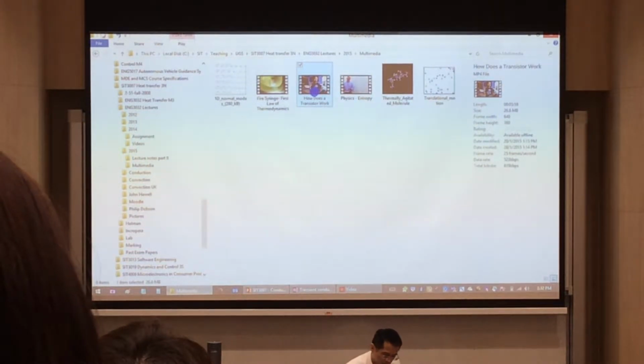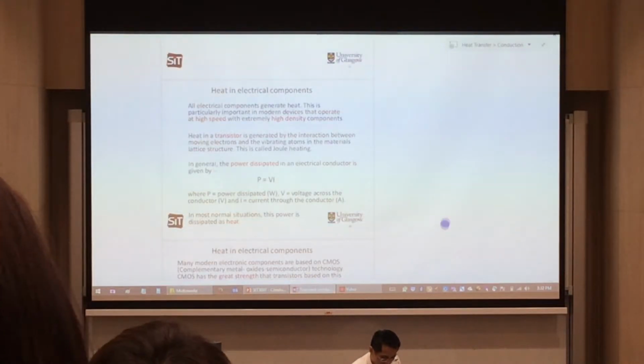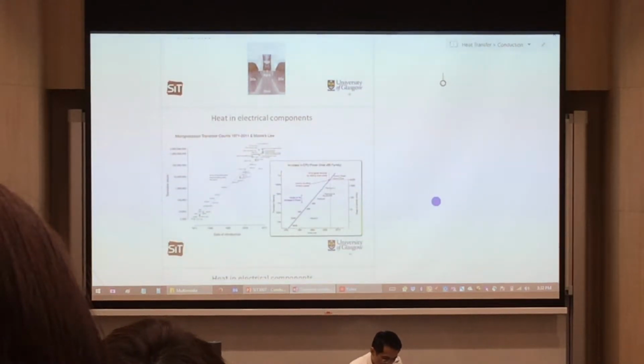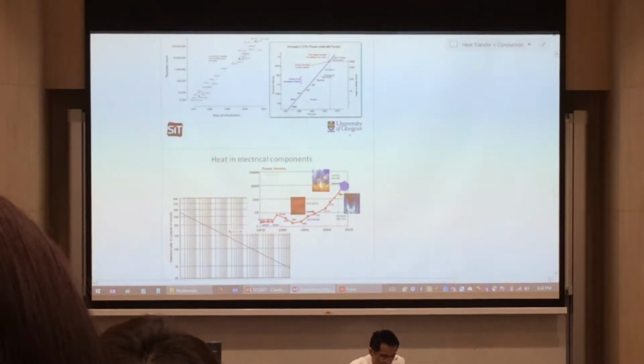So that amount of heat that's produced, if I bring it into perspective, this is a figure that shows that if you have a rocket, that kind of heat power density is going to be about here, and your Pentium-3 is already here.